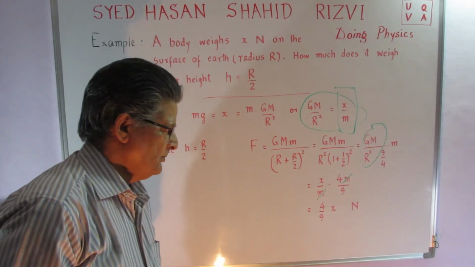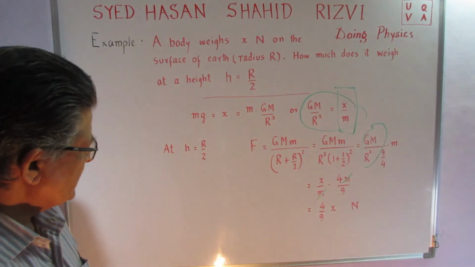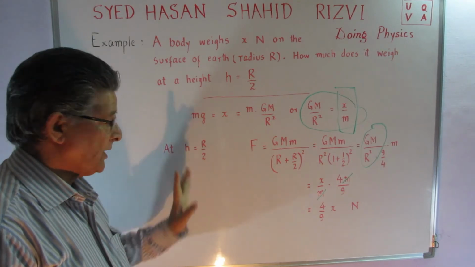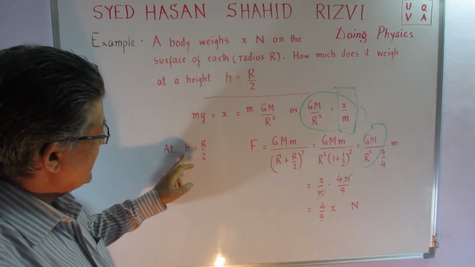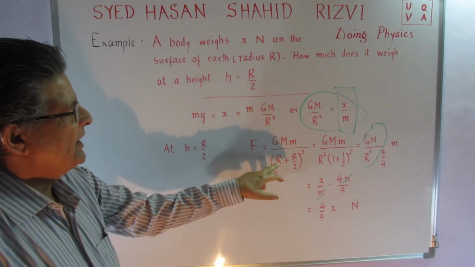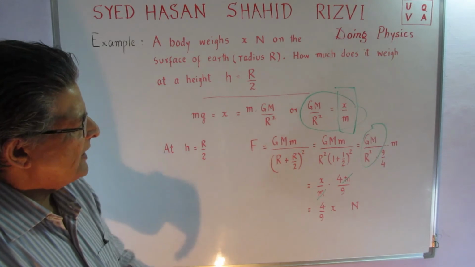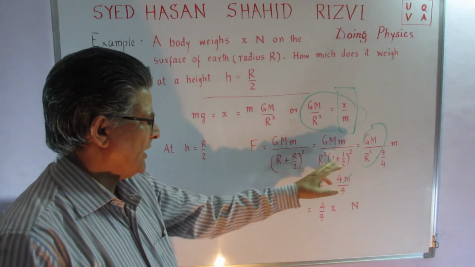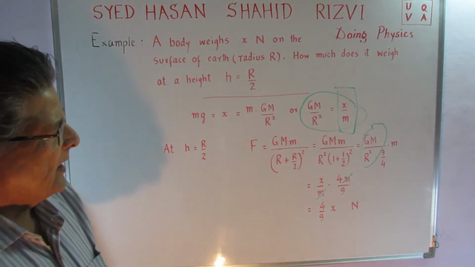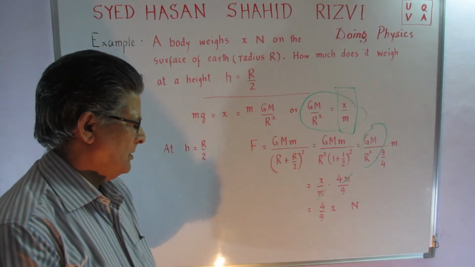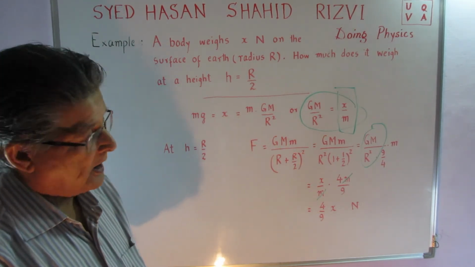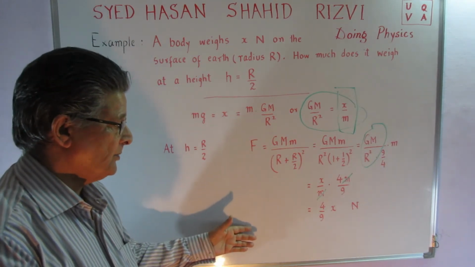Why I took this problem as an example is the reason that the height now I have made comparable. You could have a height of r instead of r by 2, and then here I will get r plus r whole square, and this will become equal to 4r square, and we can accordingly find out the value of the weight of the mass at that particular height, or the force which is acting on it at that particular height.